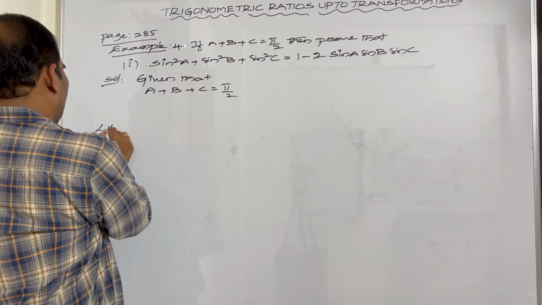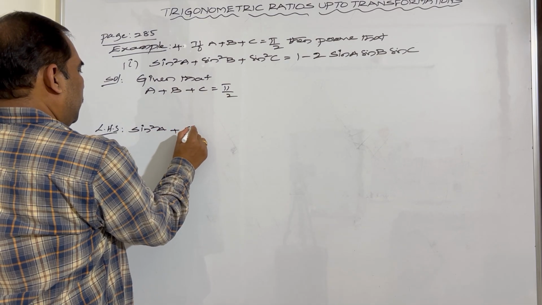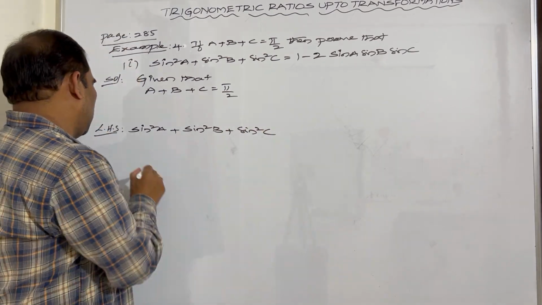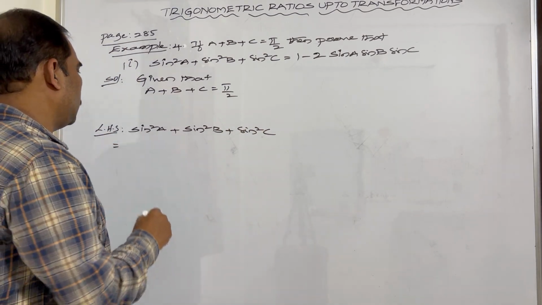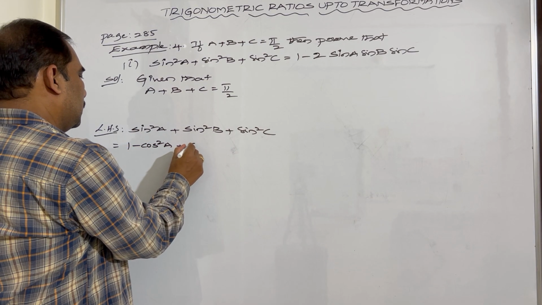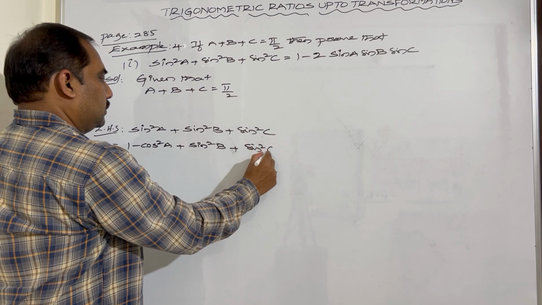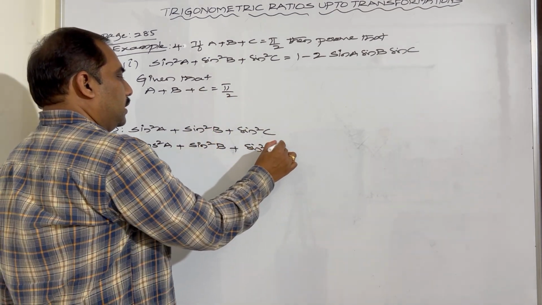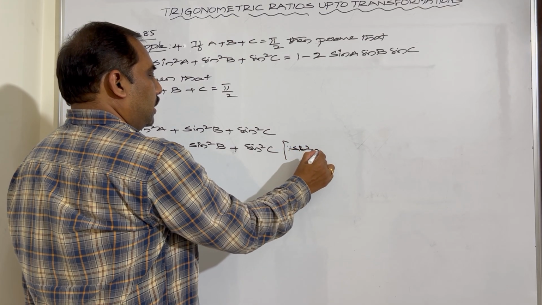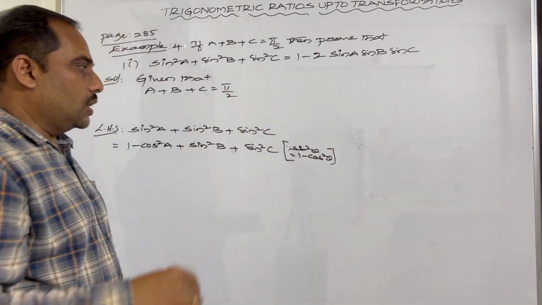The LHS is sin square a plus sin square b plus sin square c, which is equal to, what I am doing here is writing sin square a as 1 minus cos square a, and sin square b and sin square c as they are. We know that sin square theta is equal to 1 minus cos square theta.